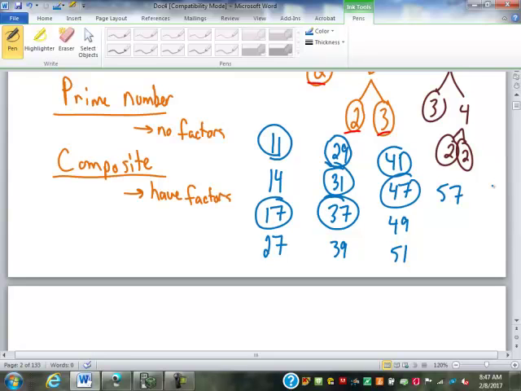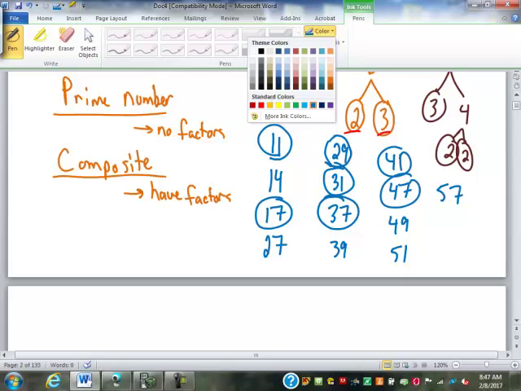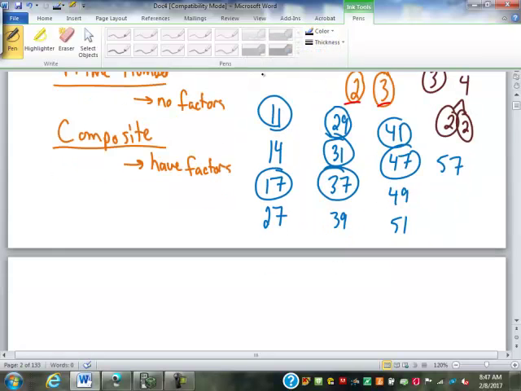So, this leads us to the next little side topic here: divisibility. Obviously, a number is divisible by its factors. Divisible means it divides without remainder.